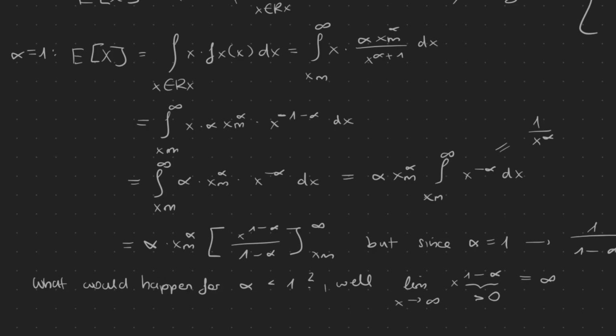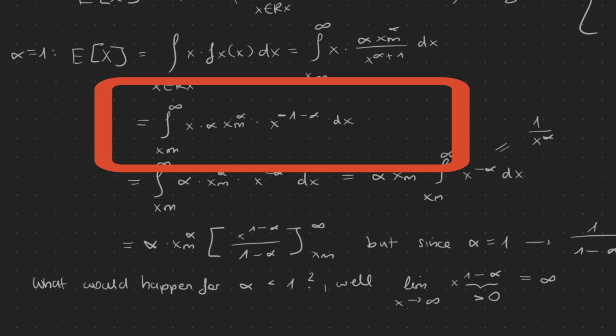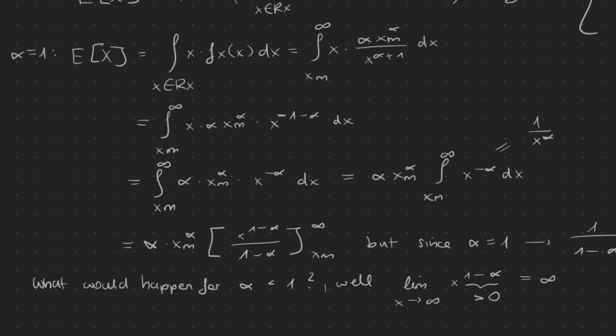So we have x, and when we substitute the PDF, that's it. Then further down on the second line, it's equal to the integral of x times alpha times x_m to the alpha, and we rewrite 1 over x to the power of alpha plus 1 as x to the power of minus 1 minus alpha.